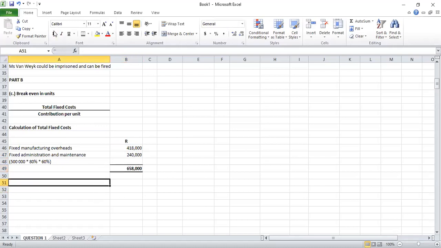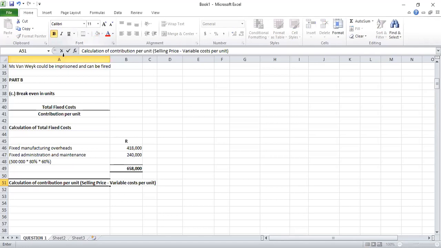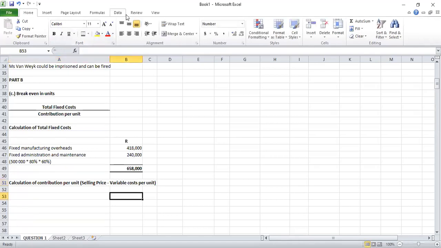Then we do a calculation of the contribution per unit. Remember, our contribution per unit is selling price minus variable cost per unit. Right.